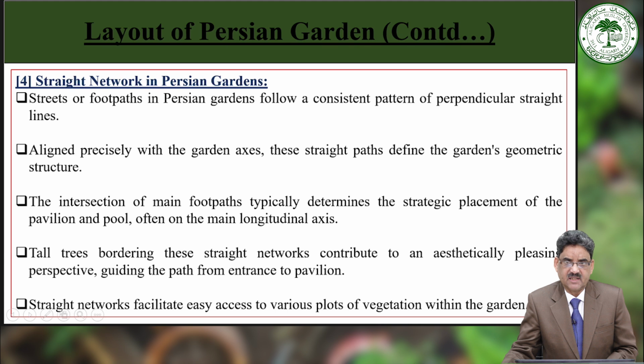These straight networks, surrounded by tall trees, were able to provide a desirable perspective, defining the path from the entrance to the pavilion. These networks also facilitated the access to the plots of vegetation.